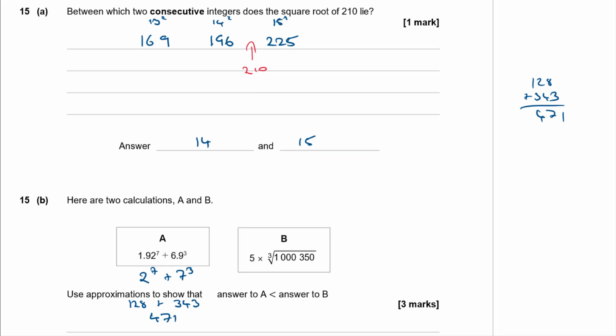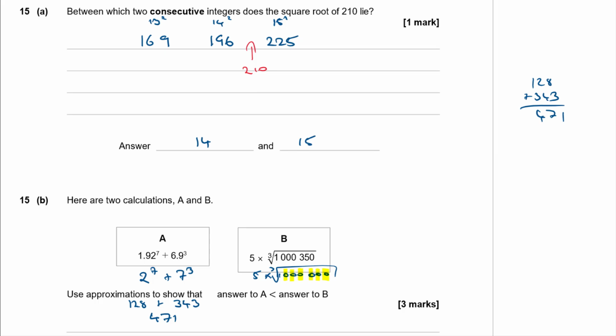And then for the other side, I've got the cube root of a horrible number. Well, I'm just going to round that one off to one significant figure as well. So what is the cube root of 1 million times 5? So the cube root of 1 million. Now notice it's got 1, 2, 3, 4, 5, 6 zeros there.